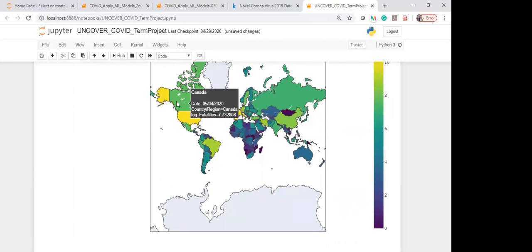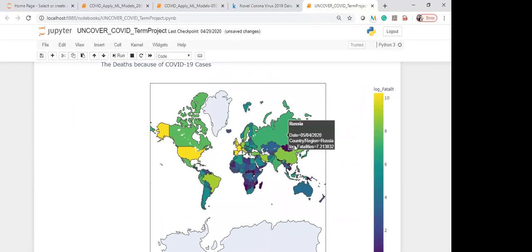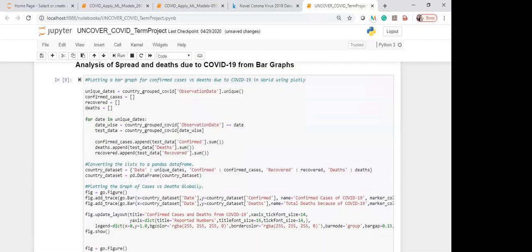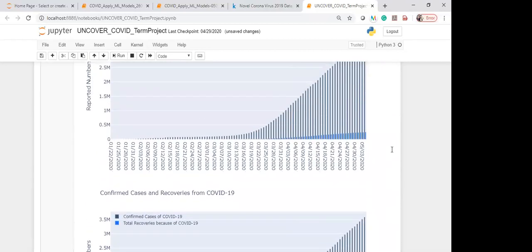As you can see, the severity is mentioned in different colors here, and this is just using bar graphs.